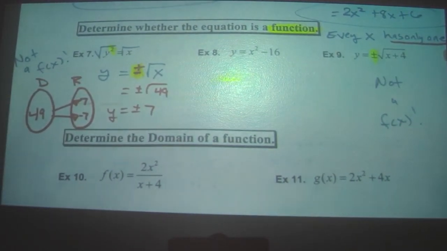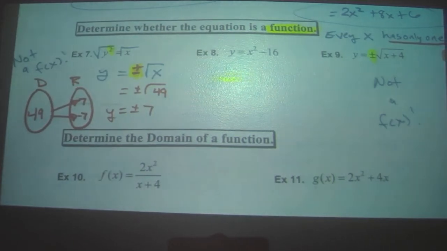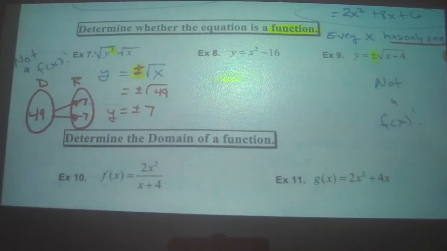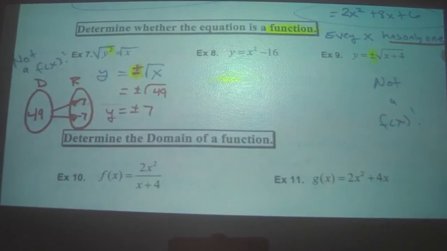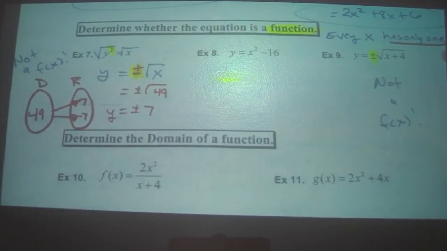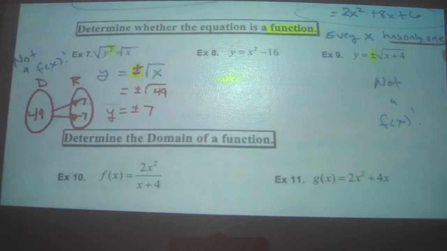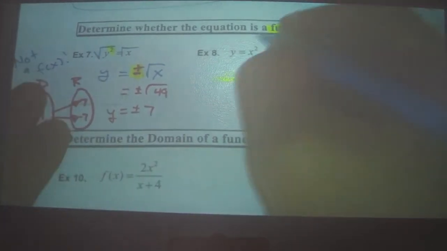That's the only time you're going to see something that's not a function. If you have y squared, or if you have y equals plus or minus, not a function. Those are the 2 things you've got to look for. Okay. So for number 8, y equals x squared minus 16.